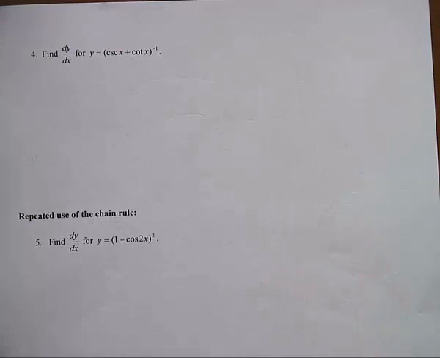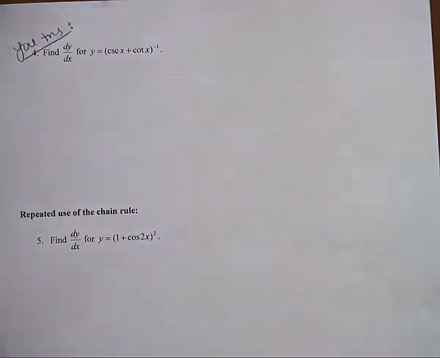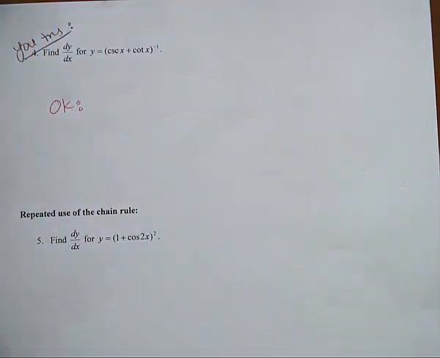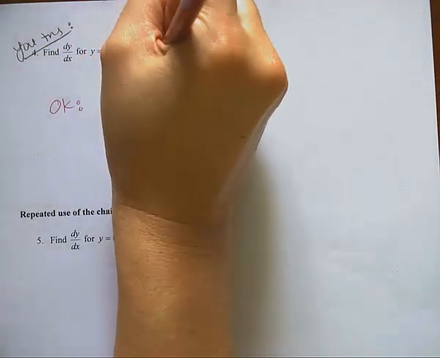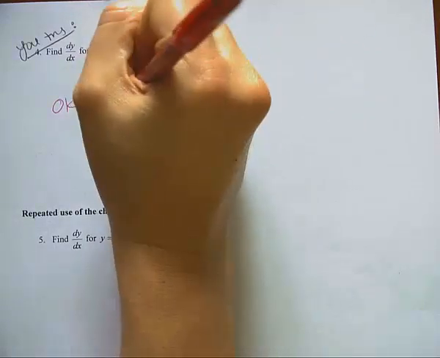So what I would like you guys to do at this point is try this example 4. I'd like you to stop the video here, try it out, and then check your answers to see if you get it correct. Okay, so what I would consider an okay answer, meaning it's correct but not all the way simplified, would be this: cosecant x all over cosecant x plus cotangent x.